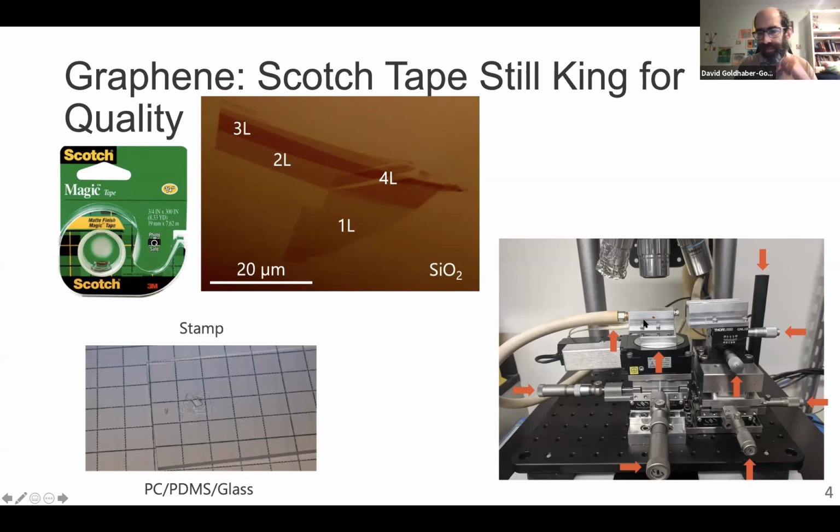And so this I showed you this before. This is a stacking station that my student Aaron Sharp built after visiting Pablo Herrero's lab. This field is very generous about sharing knowledge and helping people out.